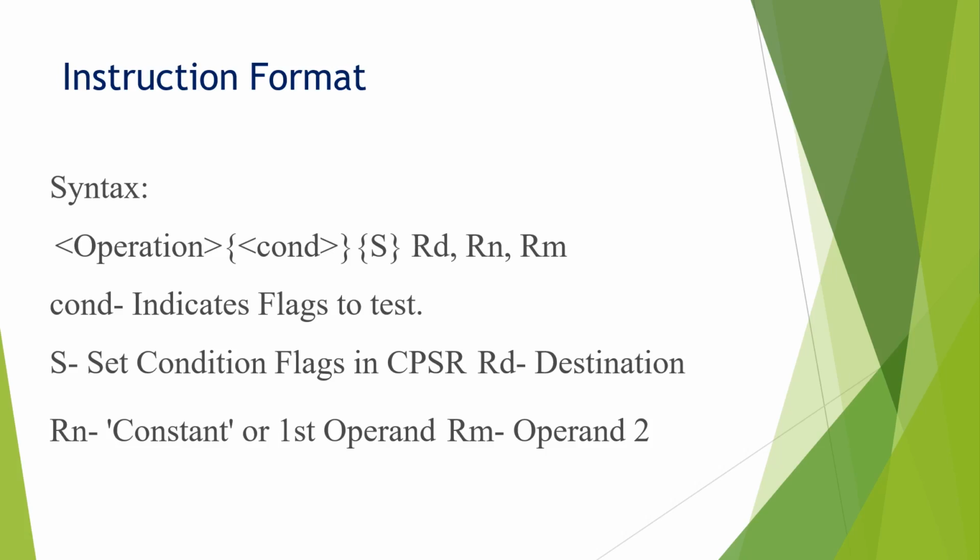Next, Rd is the destination register, Rn is the operand 1 register, and Rm is the operand 2 register. We will see examples for simple data processing functions, loop functions, and logical functions, etc.